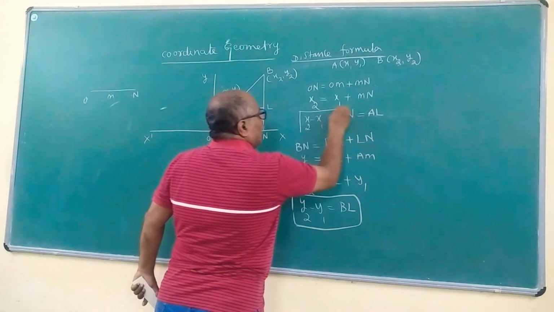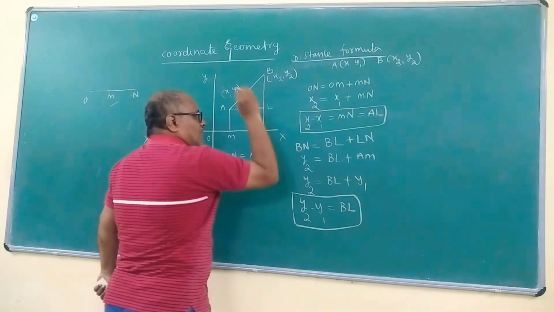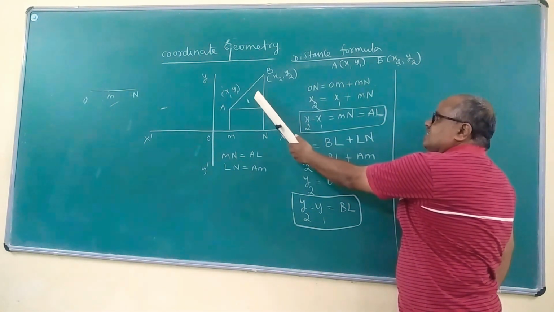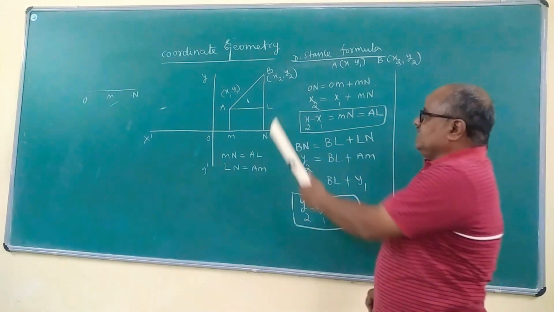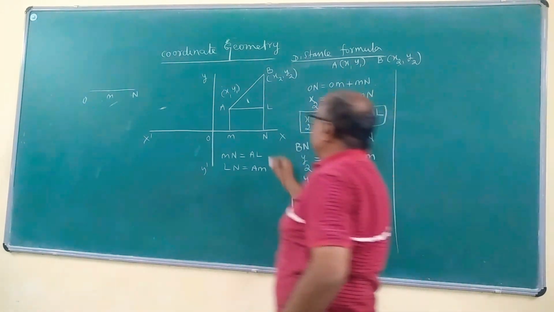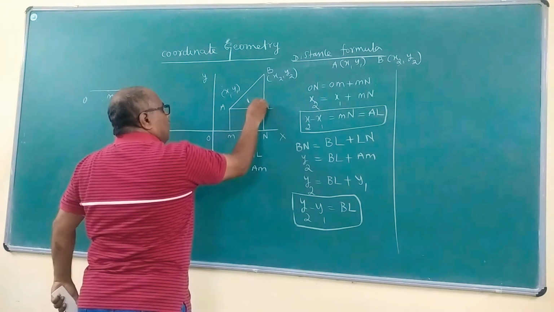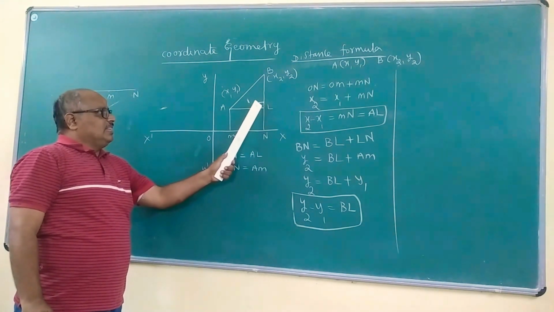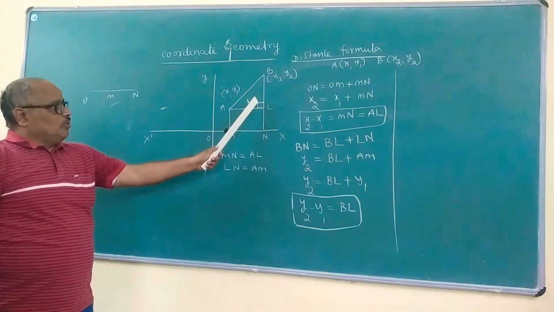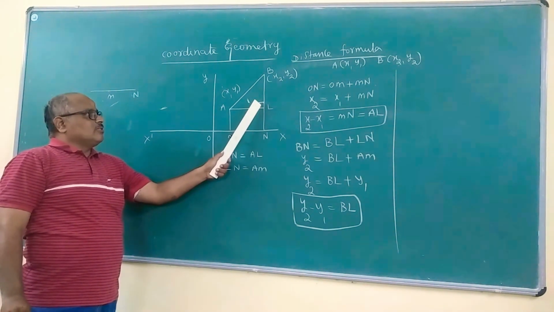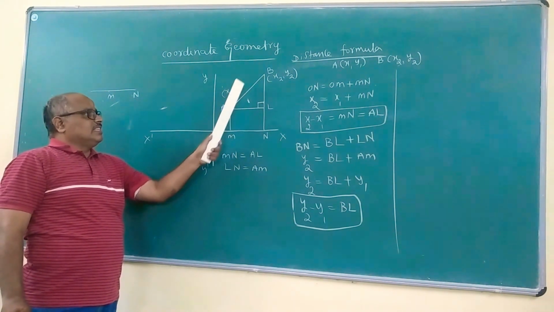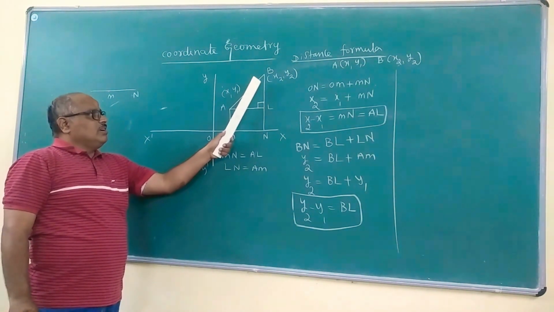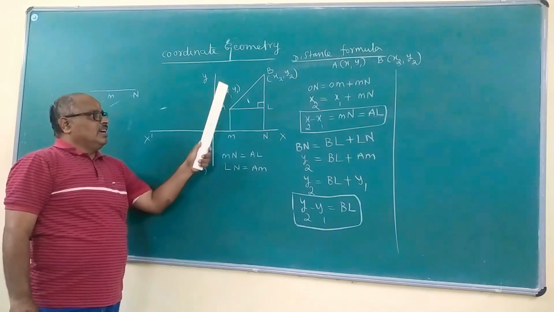And AL. You know well, this triangle ABL is a right angle triangle, in which angle L is 90 degrees. Which side is opposite to 90 degrees? That is the hypotenuse. In a right angle triangle, the hypotenuse is the greatest side.